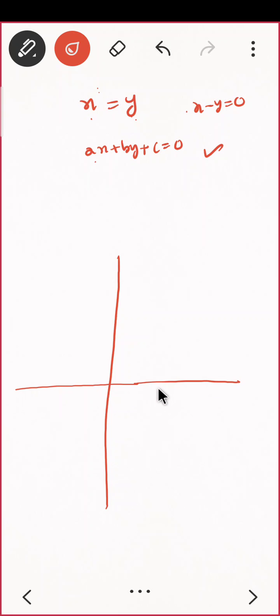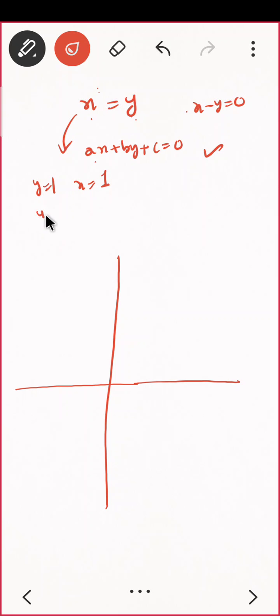Correct? Now what do I want to draw this straight line? Yes, I want 2 points, correct? So in this, if I put y is equal to 1, what will be my x? That is also 1.